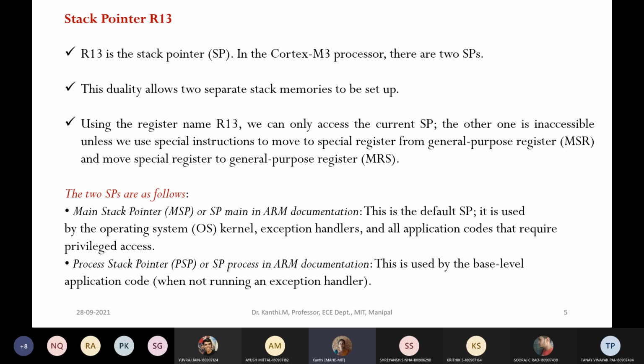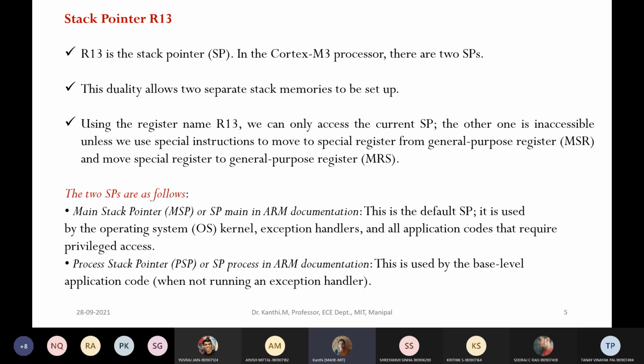I don't know whether you remember, in the ARM processor there are instructions which can copy from general purpose registers into special registers, that is MSR, and move special registers to general purpose registers, that is MRS. There are instructions supported to copy, because the processor is used in the handler mode and the user mode.